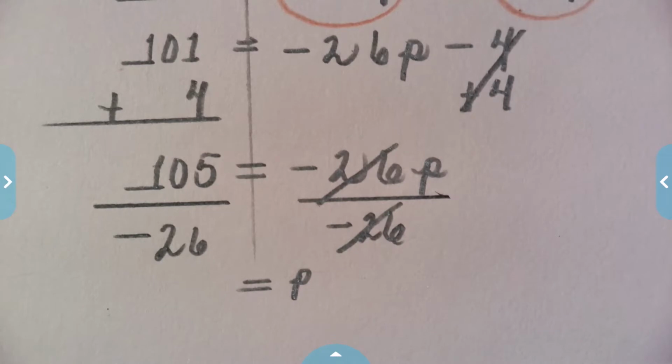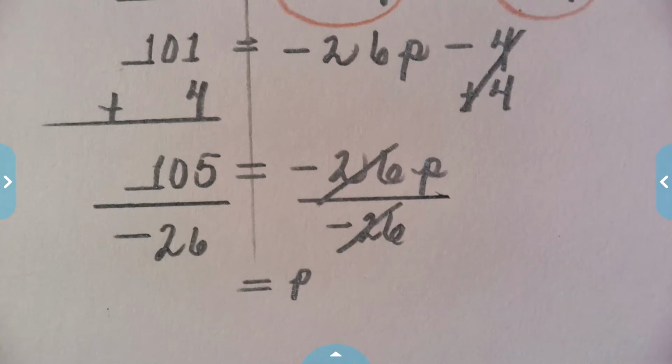Let's see. 13 times 10 is 130. So 13 times 9 is 117. 13 times 8 would be 117 minus 13. Give me 104.